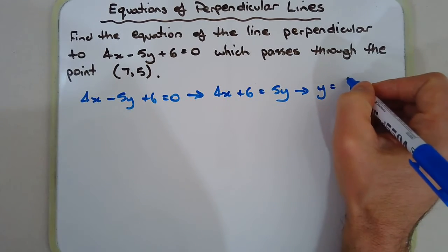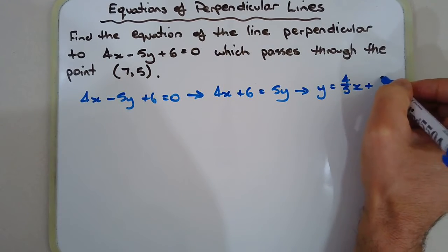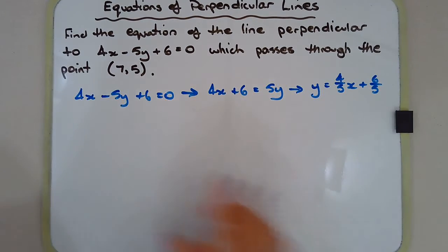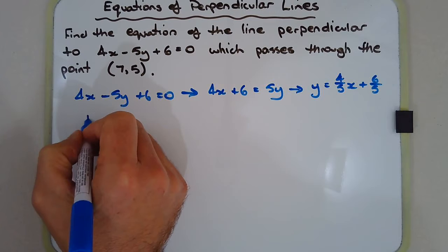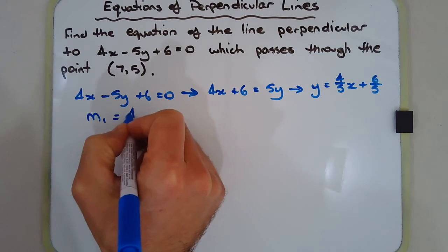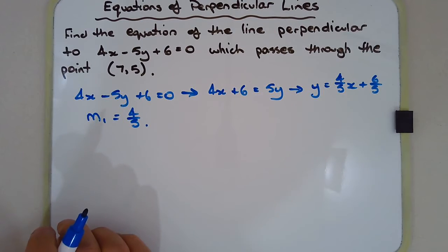So y is equal to 4 on 5x plus 6 over 5. So this means that m is equal to 4 over 5, or we'll call it m1.